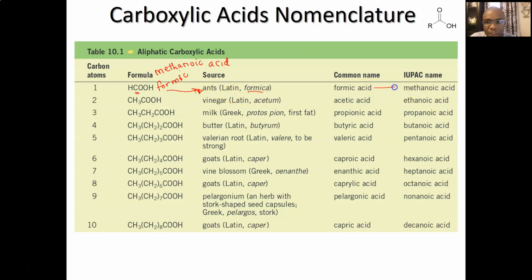Common name is formic acid. IUPAC name is methanoic acid. 2 carbons in the acid is ethanoic acid, the IUPAC name. Others call it acetic acid, which is the active ingredient in vinegar, and found in some insects or wasps. Then you have propionic acid, which you find majorly in milk. Okay, propionic acid, common name propionic.